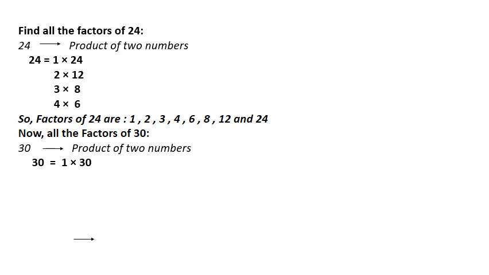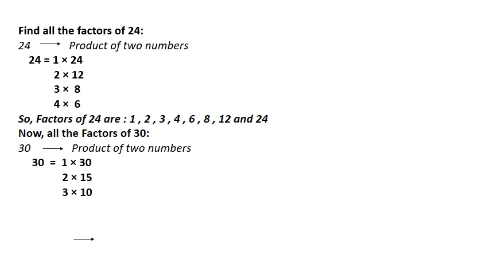After 1 we will think of 2. So the combination with 2 is 2 and 15. Then after 2 we will see the combination of 3 with the number, and that is 3 and 10. So the third combination is 3 and 10.